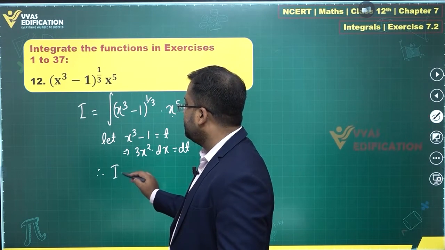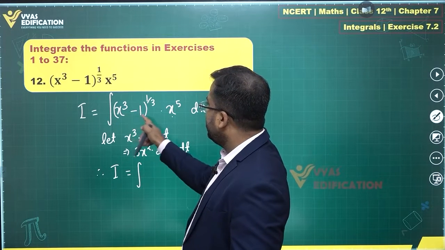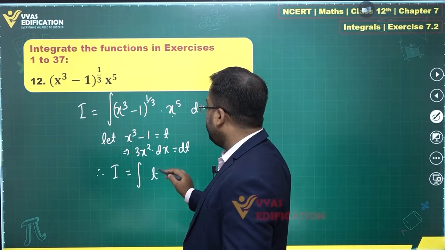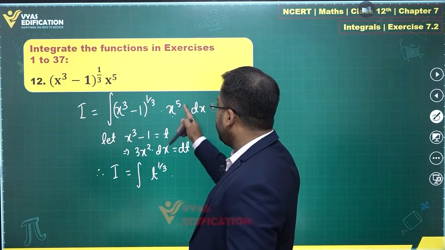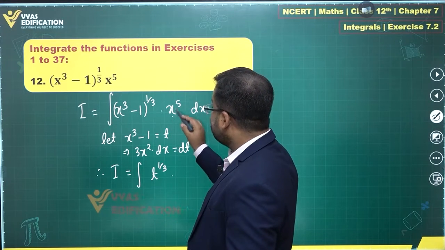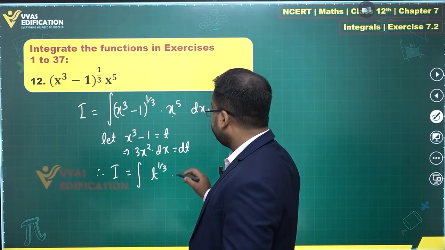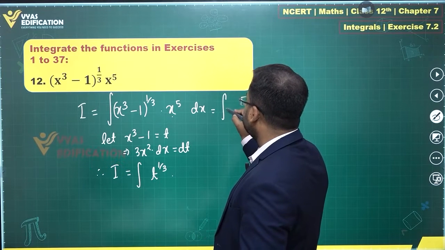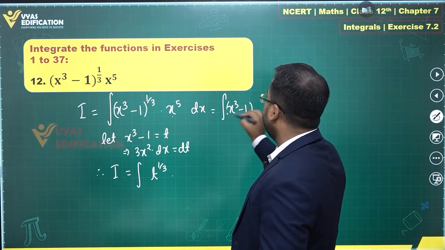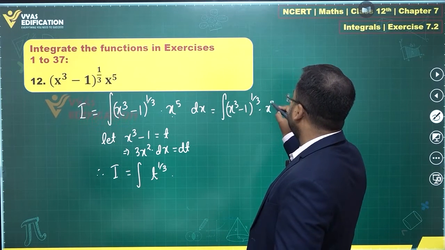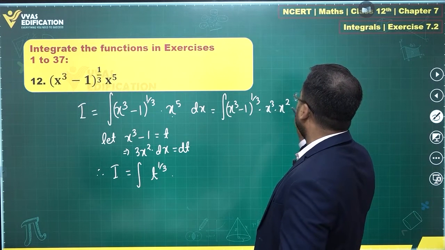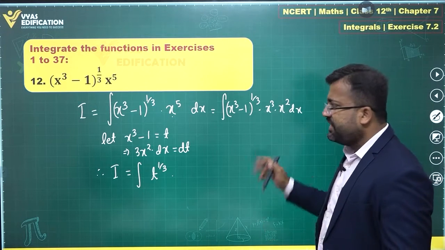Therefore, I is equal to the integral of x power 3 minus 1, which is t power 1 by 3, times x power 5, which is x power 3 times x square. This can be written as x power 3 minus 1 power 1 by 3. Let me split that: x power 3 times x square, dx.